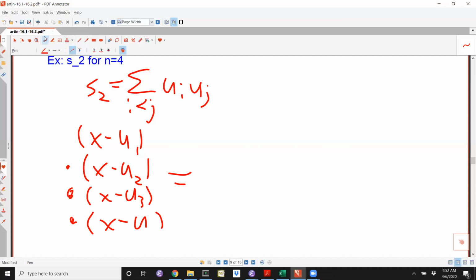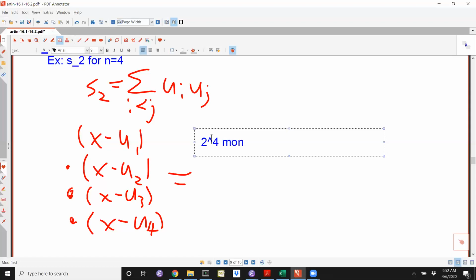You're multiplying those 4 linear terms together, and you want to think about what happens when you multiply these linear terms together. When you take that product, you get 2 to the 4th monomials.